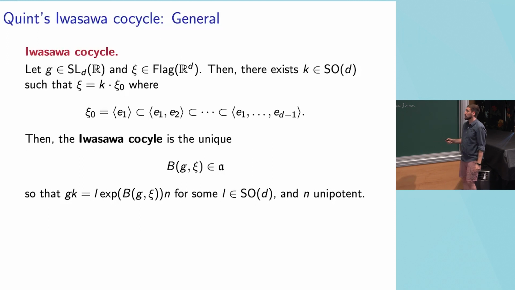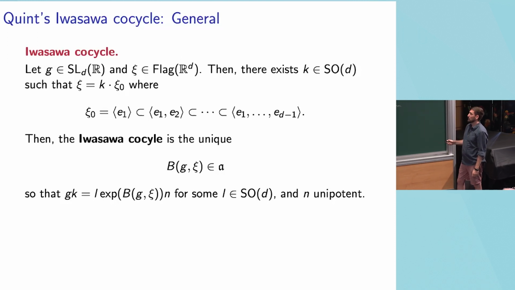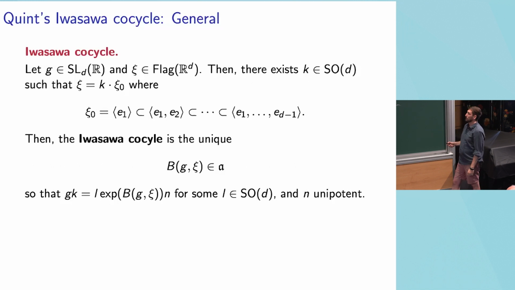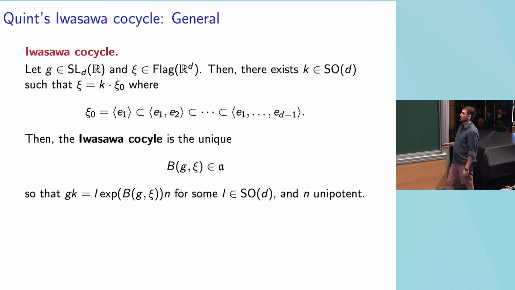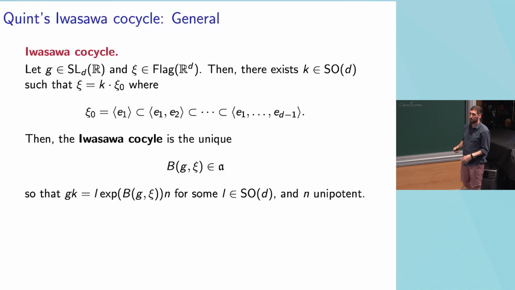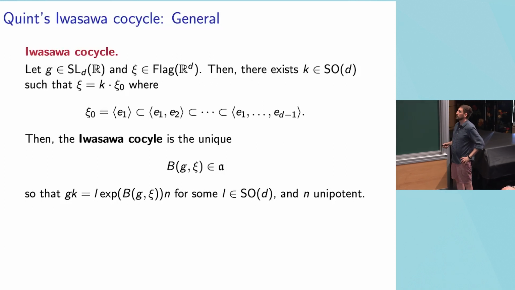And then this Iwasawa cocycle is essentially the A part of the Iwasawa decomposition of G times K. So this is tracking how you're moving in a specific flat in your symmetric space. The Iwasawa decomposition takes GK and subdivides it into a compact part, diagonal, and unipotent. And it's Gram-Schmidt when you're in SL(d) like we are. So you don't have to remember Iwasawa.